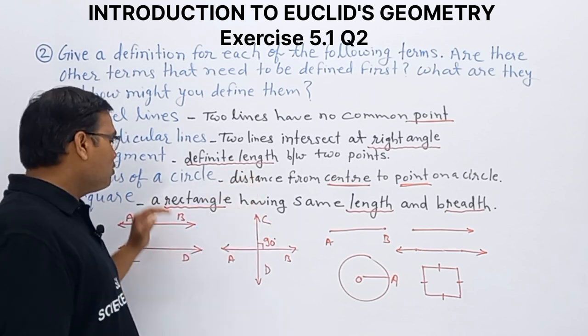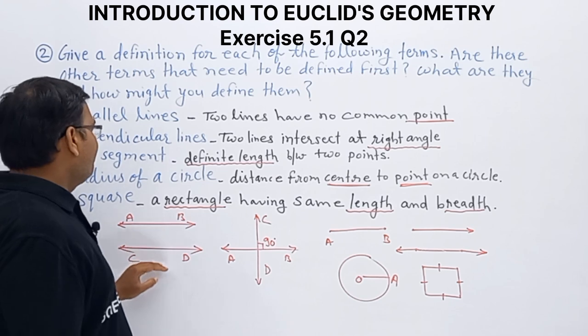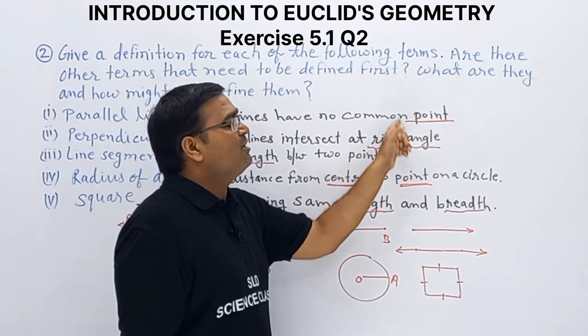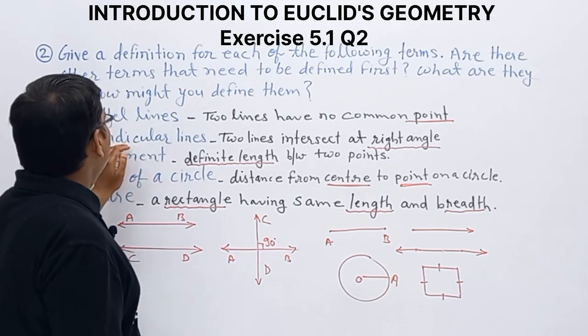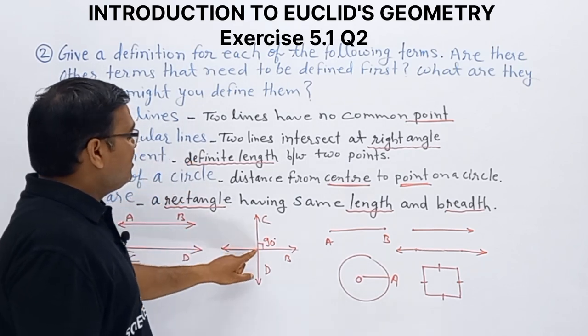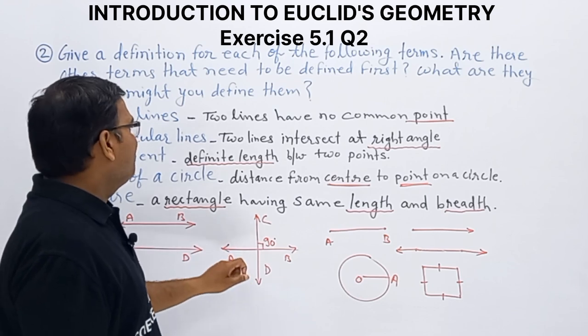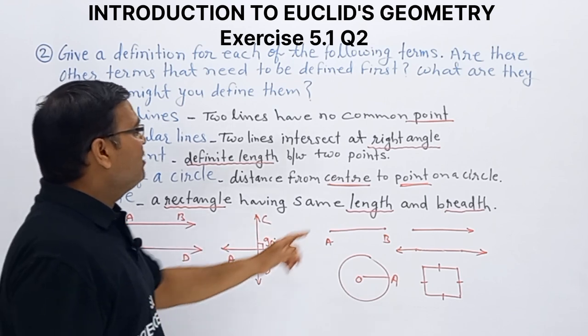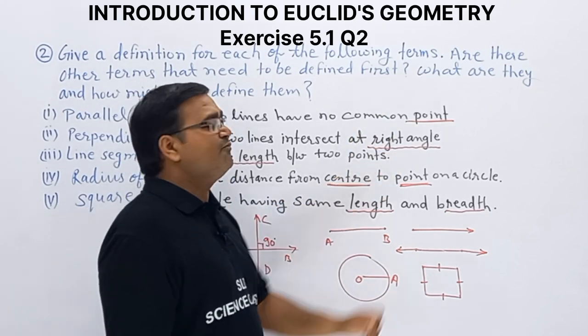In which point is an undefined term. Next, perpendicular lines. Two lines intersecting at 90 degrees or a right angle are perpendicular, in which right angle is undefined.